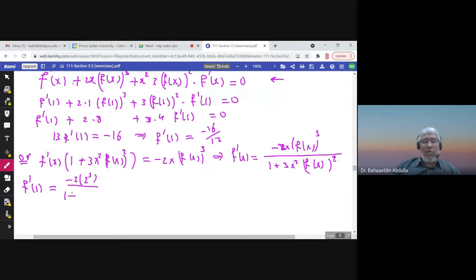And here 1 plus, x is replaced by 1, so this is 3 times 1 squared is 3, and f of 1 is 2, so 2 to the power 2. I have negative 2 times 8, 16, and 3 times 4, 12, plus 1, 13, and you will get the same answer.